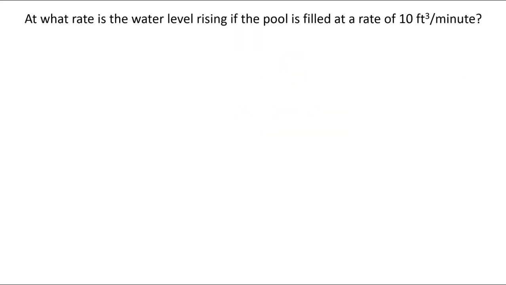At what rate is the water level rising if the pool is filled at a rate of 10 cubic feet per minute? And I see the word rate again in this question, so I know we're going to use our rate formula. dV over dt equals 200 times dH over dt. Now what are we given? We know that the pool is filled at a rate of 10 cubic feet per minute.